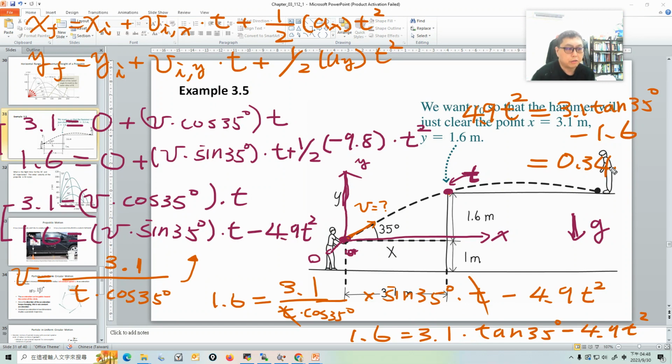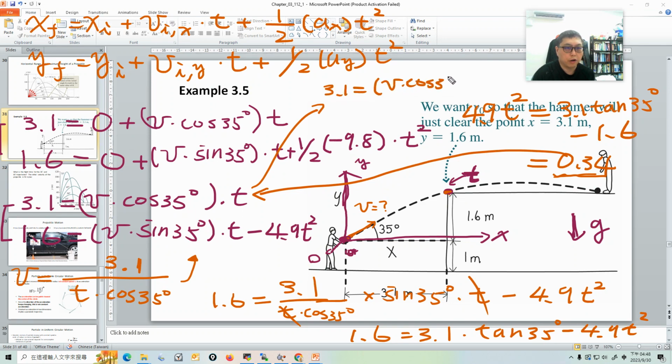That means after 0.34 seconds, the object reached this point. But that's not the first question we want to answer. The first answer is the minimum velocity v. Since we have 0.34, we plug back into this equation, 3.1 equals v cosine 35 degrees times 0.34, and you will get your initial velocity.